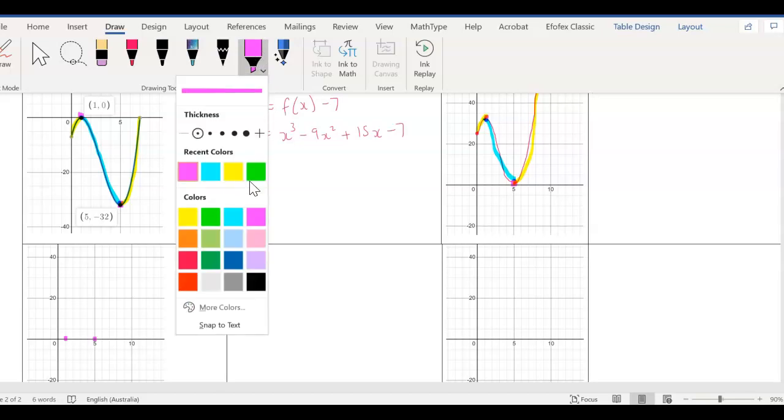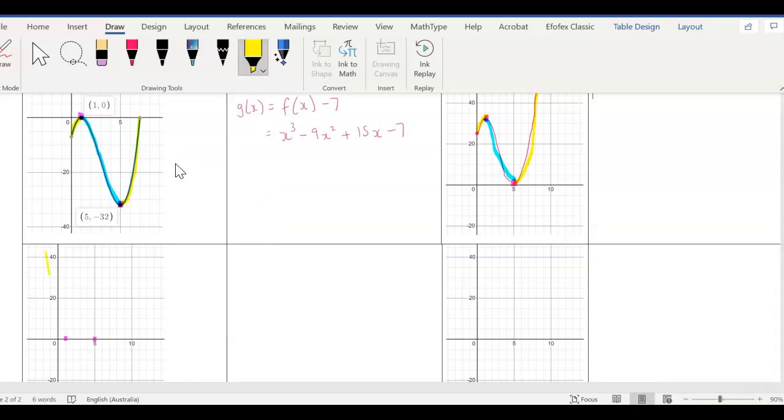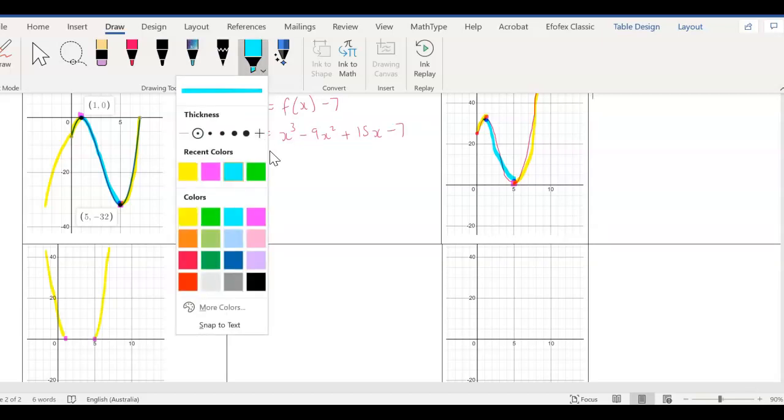I know it's increasing from 0 to 5. Well, it's probably more, but I'm going to do the whole part. So let's just pretend it was going down like that, and then it's coming back up here, and then it's decreasing in that blue part.